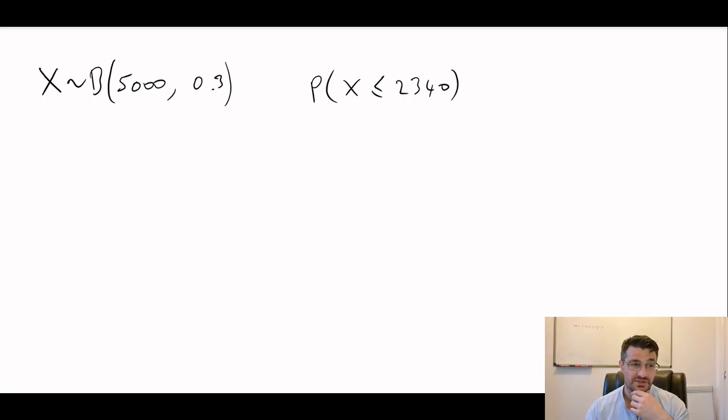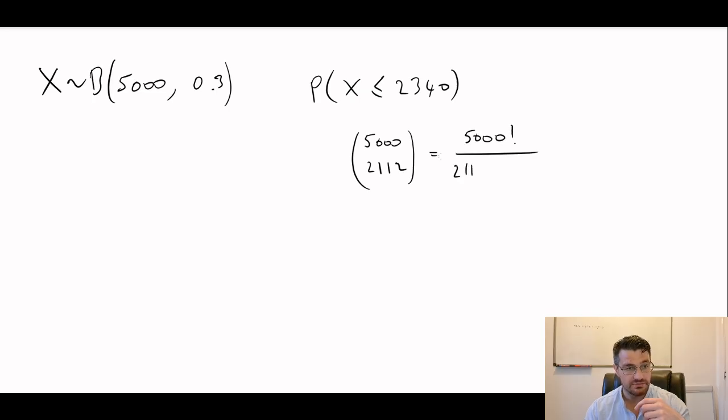It's going to be a tall order, because in the calculation of this probability, you're going to have to deal with binomial coefficients, which are going to be something like 5,000 choose 2,112. For example, this is just one of the binomial coefficients that you're going to have to deal with, amongst other things, which means that you're going to have to calculate 5,000 factorial over 2,112 factorial times 3,888 factorial.